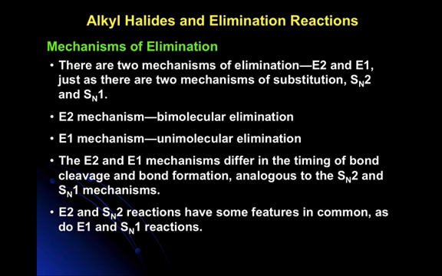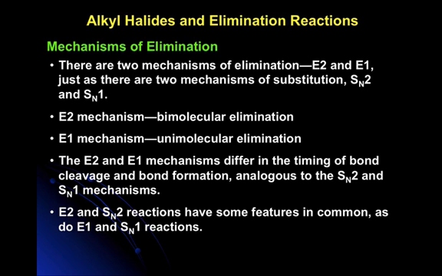Now, there are mechanisms to this elimination, and there are 2 mechanisms. Actually, there are 3 mechanisms. We're only going to learn 2, okay? There is E1 and there is E2. Just like you had SN1 and SN2, you can also have E1 and E2. So E2 is a bimolecular elimination, so it is more similar to which of the SN?